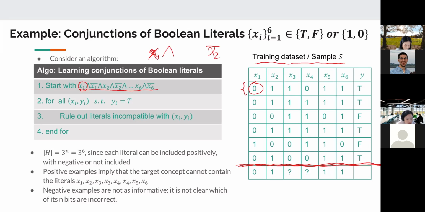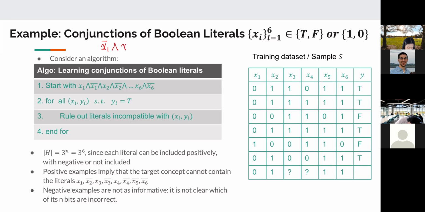You can rule out, let me clear everything. So you're getting x1 negation, x2, x3, x4, x5, x6.